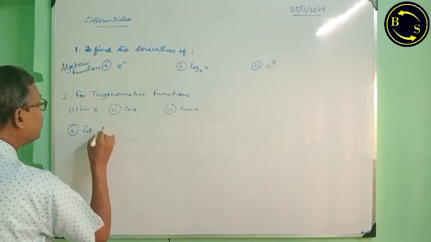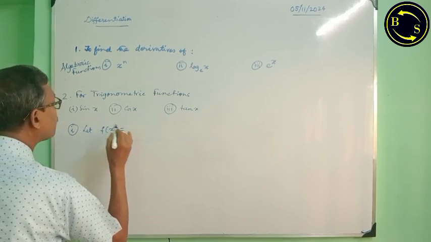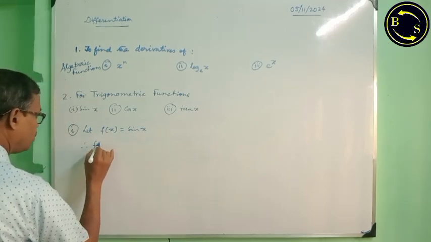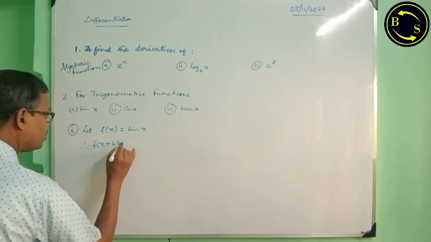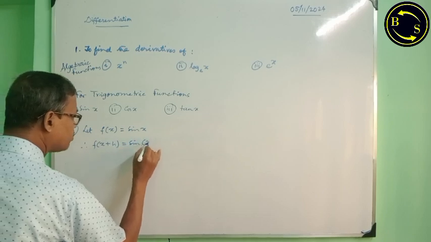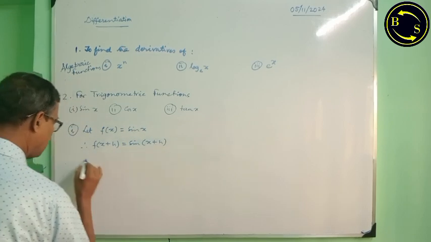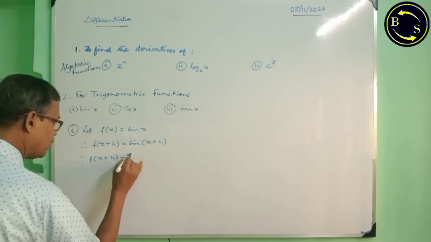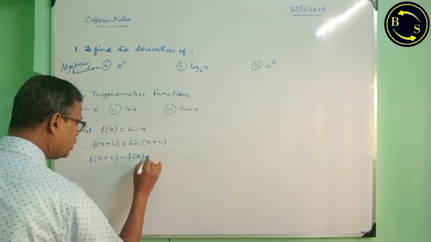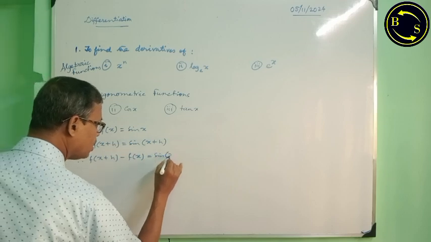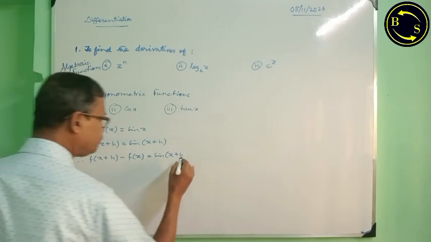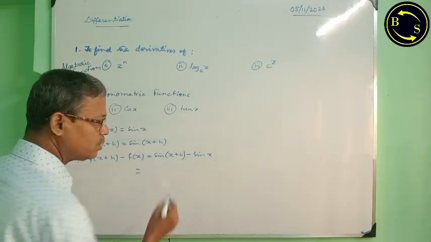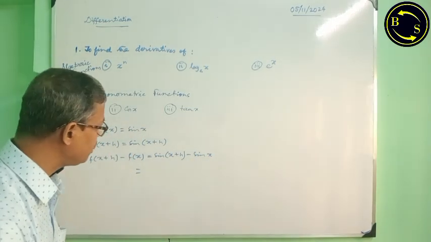Let f(x) equal to sin x. Therefore, f of x plus h is sin of x plus h. Therefore, f of x plus h minus f(x) is equal to sin of x plus h minus sin x. Now this is of the form sin c minus sin d.